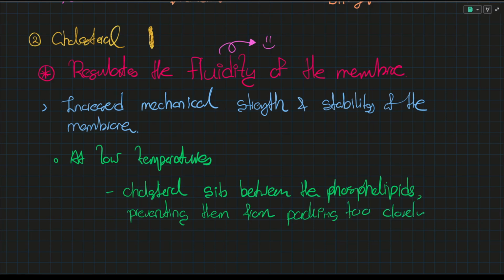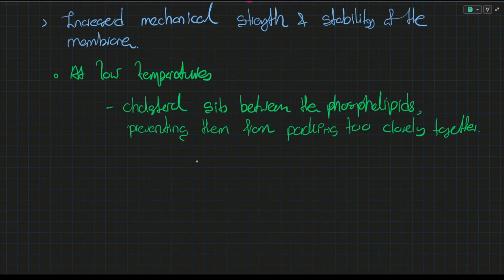too closely together. Okay, let's put this into a more understandable notion. Look at this. I have a couple of phospholipids. I'll just use one layer because that's going to help you understand better.